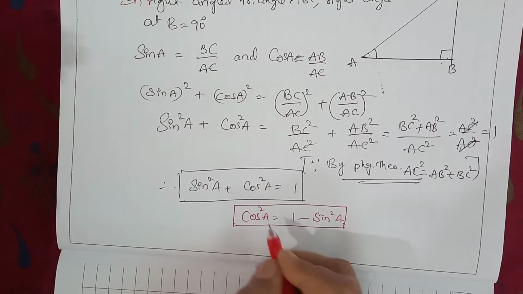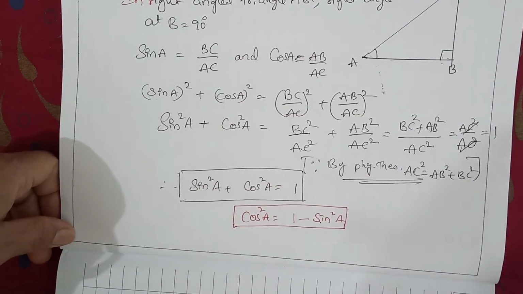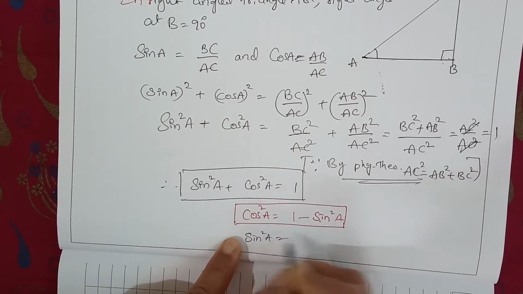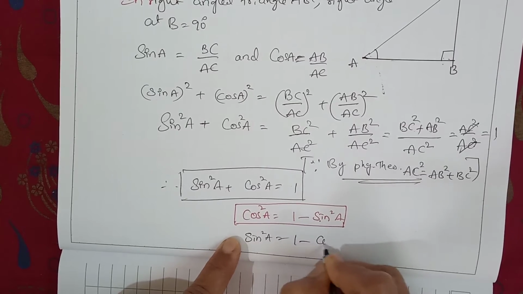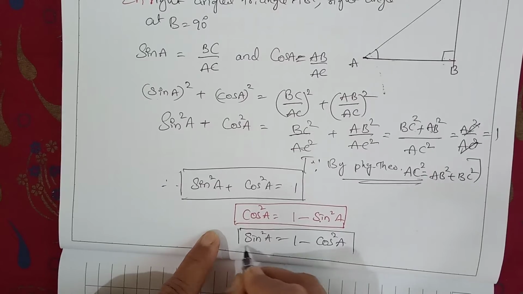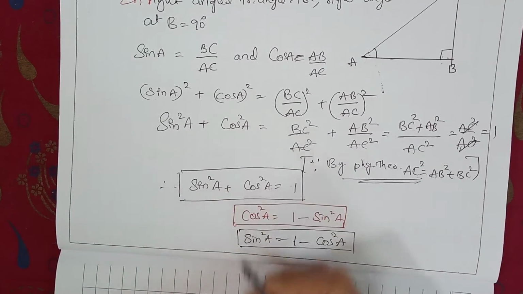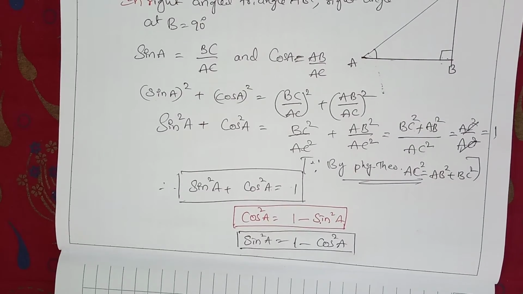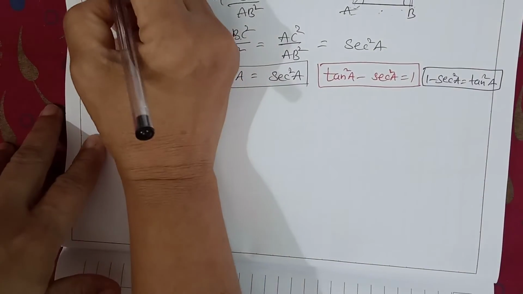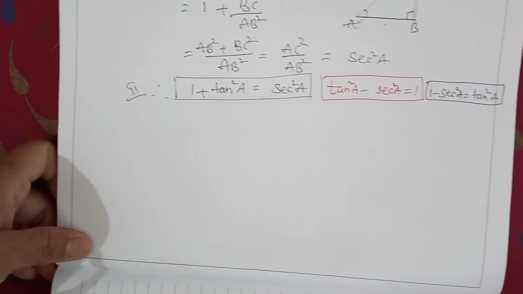So cos square A is equal to 1 minus sin square A. Another relation: sin square A is equal to 1 minus cos square A. Here also we get three formulae. This is the first one and this is the second one. Next, one more relation we will discuss here.